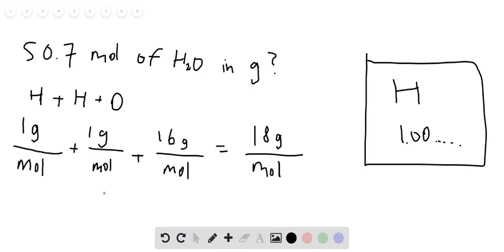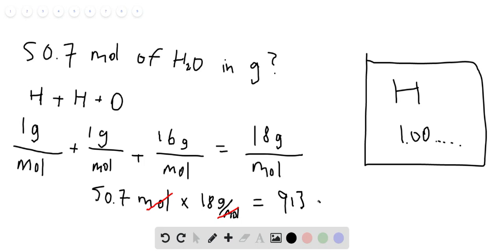And so by combining 50.7 moles of water and the weight per mole, we see that the moles cancel out, and we are left with weight, which is the total weight of water in the room, and that would be 913 grams.